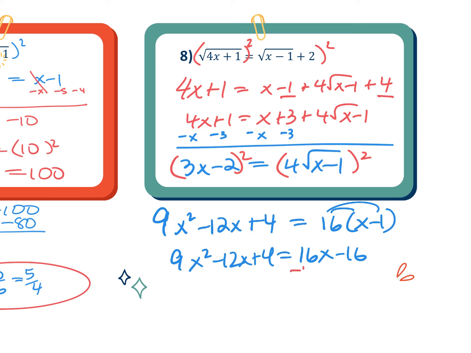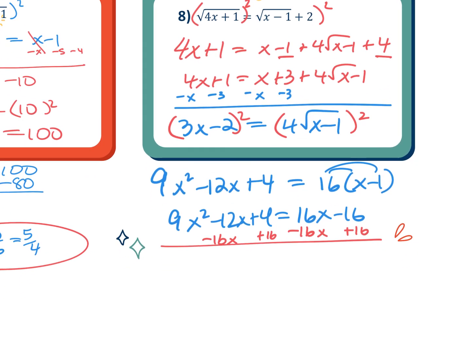Move the 16x and the positive 16. Move those both to the other side. So I'm subtracting the 16x and adding the 16. And now the trinomial I'm going to factor is 9x squared minus 28x plus 20 equals 0.